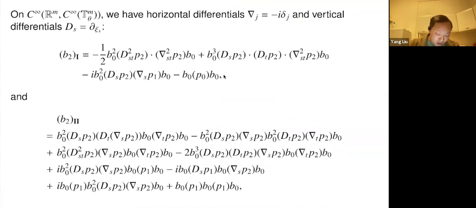Here, what are the B2 terms that we are interested in? Here I'm showing you, but I have no intention to bother you with this long formula. The pattern that I would like to point out is that all this B2, or even Bj, is a finite sum of terms of the following form: you have some powers of this B0, and in between you are inserting the derivatives of the symbol.